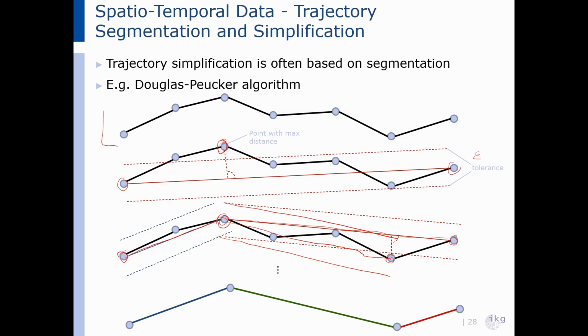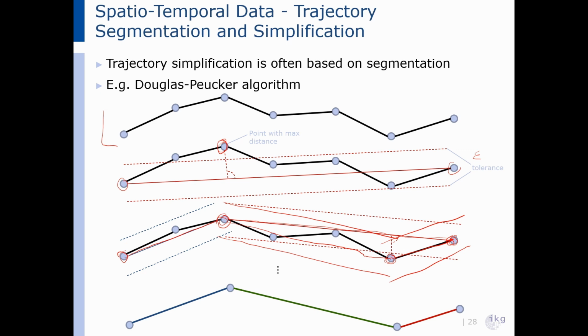In this case, both are inside, so we can eliminate them. Then we will do it for the last segment as well. So we take the second breakpoint and the originally last point of the trajectory, apply the threshold and check the intermediate points. There is no intermediate point, so we are done with this trajectory.